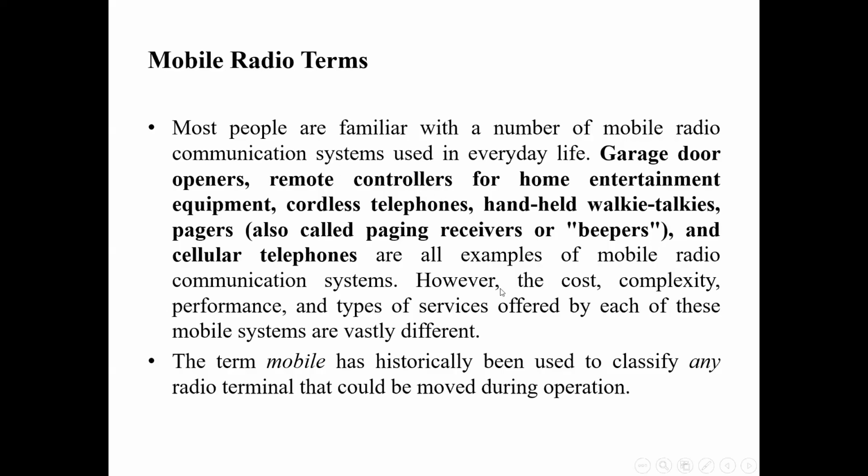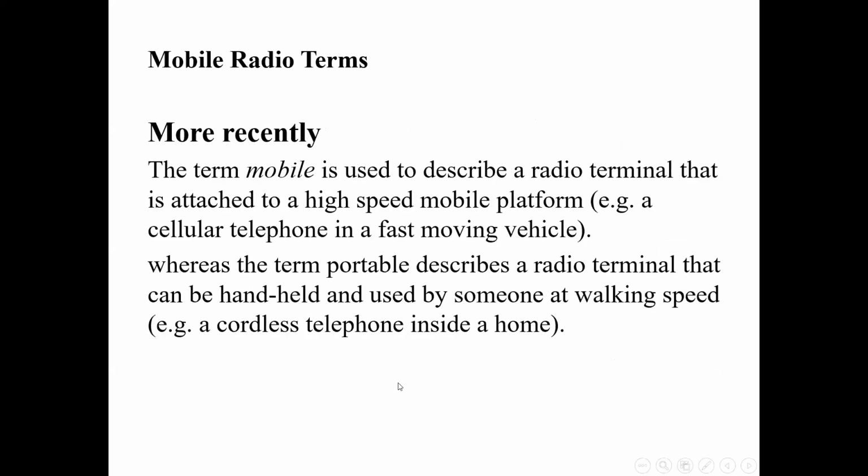Okay. Well, now to understand the mobile communication system, we have some mobile terms. The term mobile has strictly been used to classify any radio terminal that could be moved during operation. But by now, mobile is used to describe a radio terminal that is attached to a high-speed mobile platform, for example, a cellular telephone in a fast-moving vehicle.